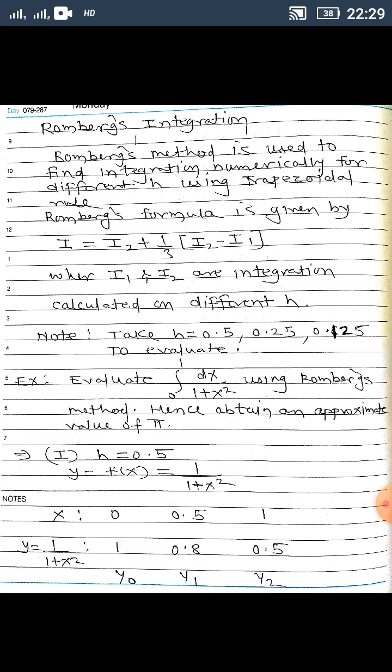For x is equal to 0.5, 1 upon 1 plus 0.5 square, the simplification is 0.8. For x is equal to 1, 1 upon 1 plus 1 square is 1 by 2, that is 0.5. For different x values we get different y values: the first is y0, second is y1, third is y2.